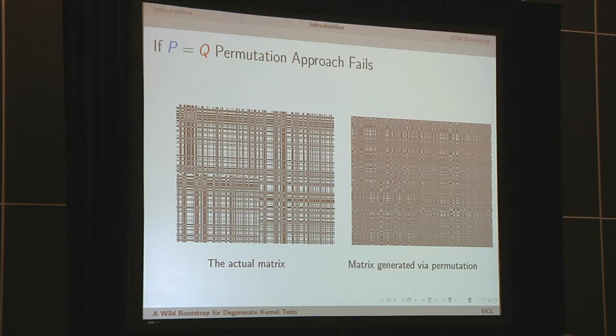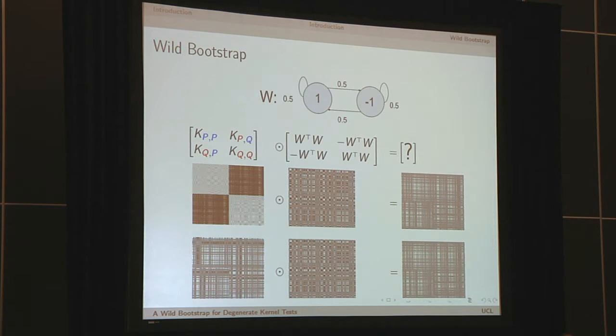So it's kind of obvious that we need to come up with some other bootstrapping scheme. The bootstrapping scheme that we are going to use here is called the wild bootstrap. The wild bootstrap was proposed in the econometrics literature, and we've adapted it for this work. In order to have a better bootstrapping strategy, we're not going to generate the vector W to be totally random, but we're actually going to generate it as a process with memory.